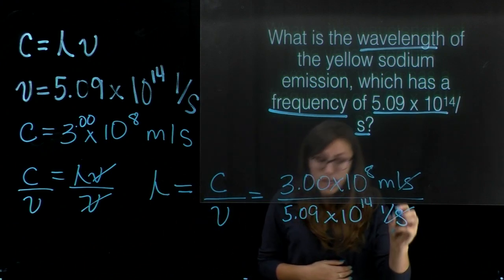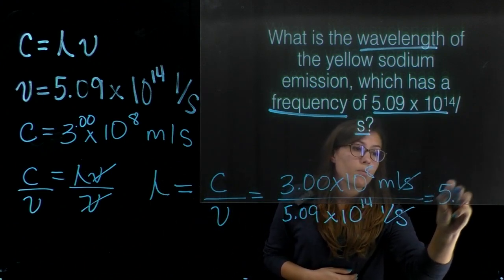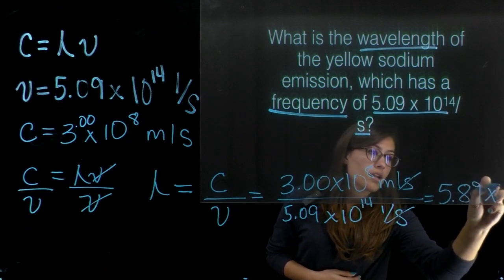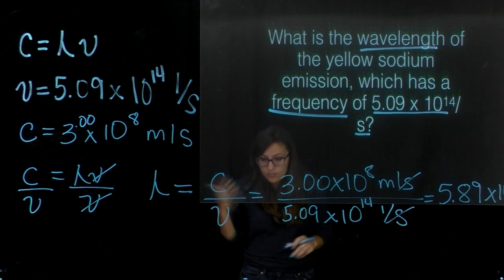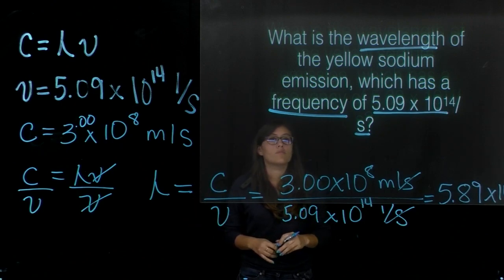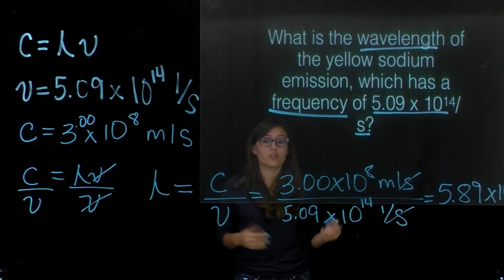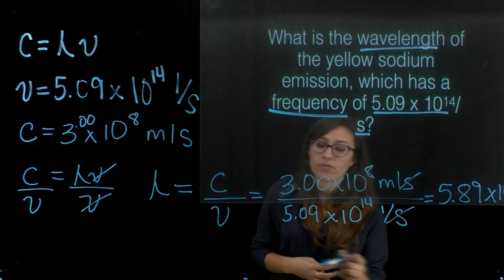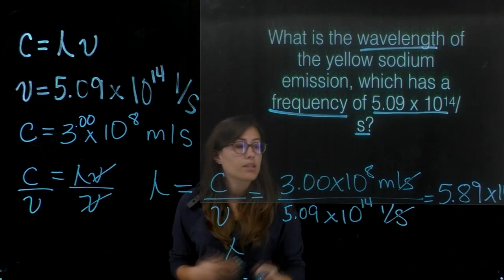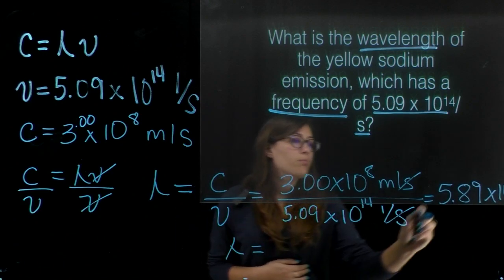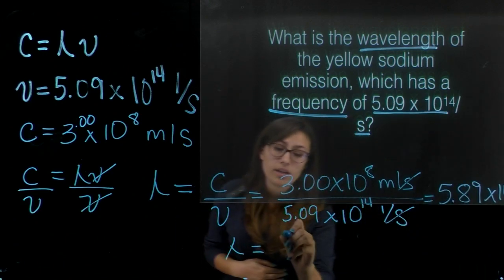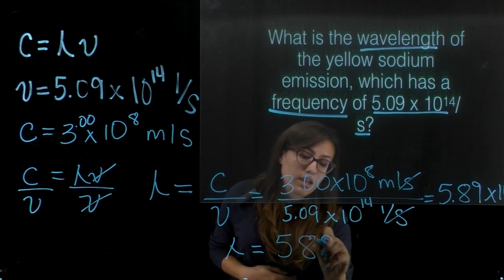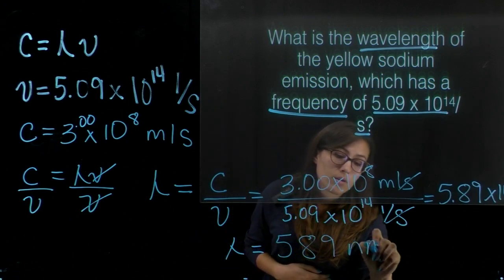And then we will be left with our answer, 5.89 times 10 to the minus 7th meters. You can also convert this to nanometers, which you'll constantly see wavelength is commonly displayed as. And so if we move our decimal 2 places to the right, it will then become 589 nanometers.